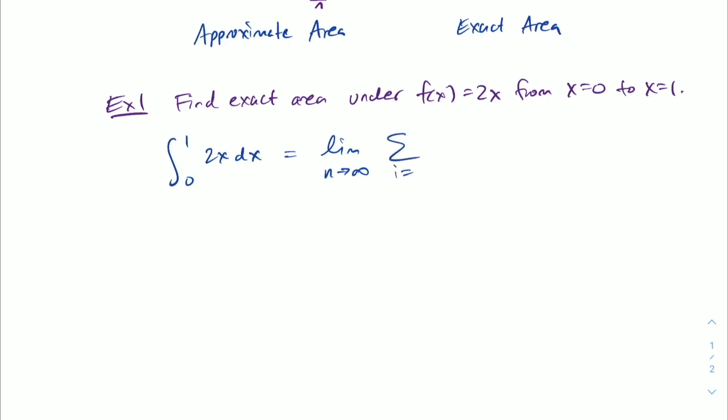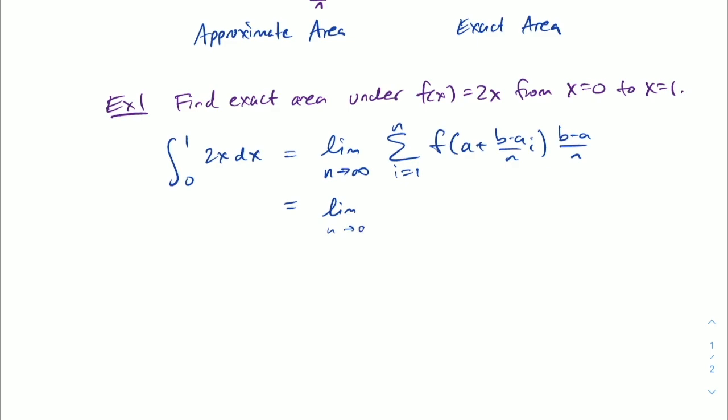i goes from 1 to n. We're going to have f of a plus b minus a over n times i, all times b minus a over n. We know b and a. b is 1, a is 0. We know the function. The function is 2x.